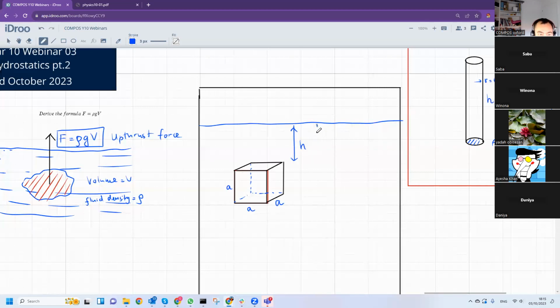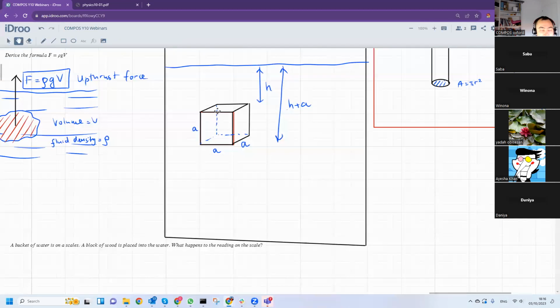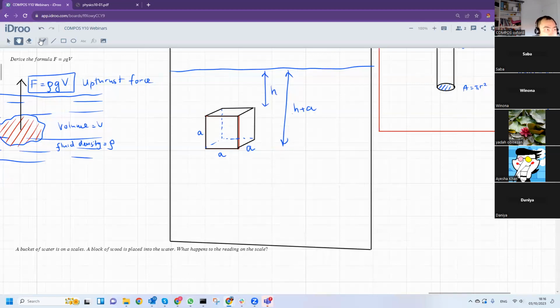So the bottom part of the box, what is the depth? If this is h, what is the depth of the bottom of the box? A plus h, very good. h plus A, right. So the water pushes on the box from the top. So there's pressure from the top.